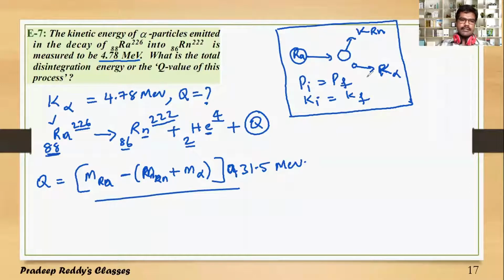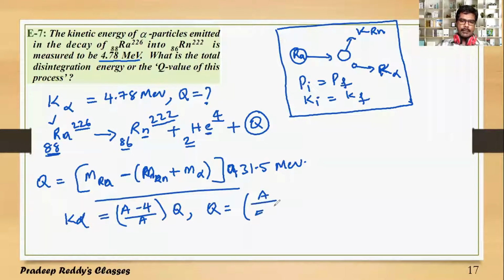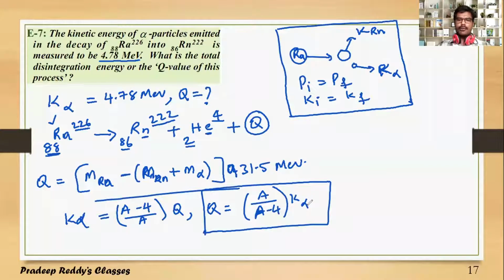If you use this directly, you will get one relation which I recommend you to remember. Kinetic energy of alpha particle is equal to (A minus 4) divided by A into Q. From here you can write Q equal to A divided by (A minus 4) into kinetic energy of alpha.